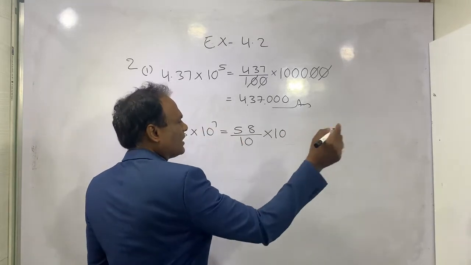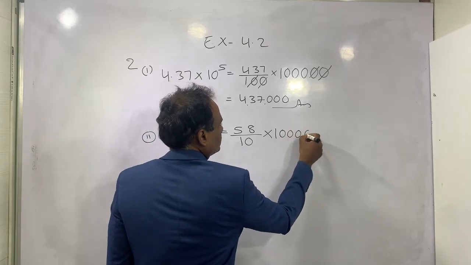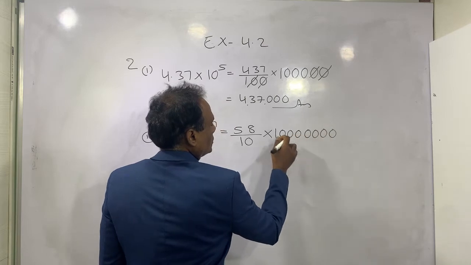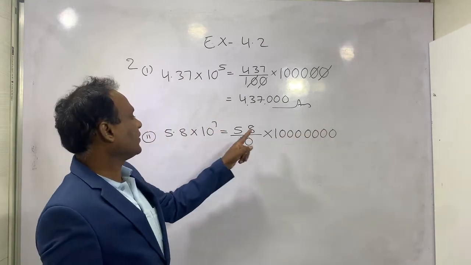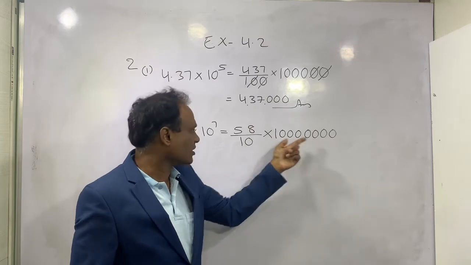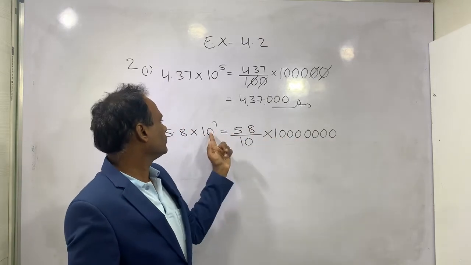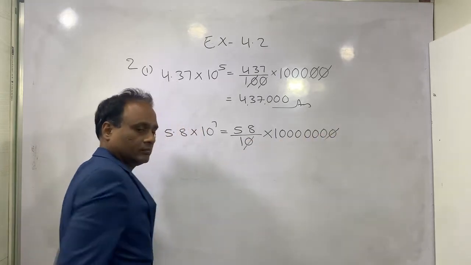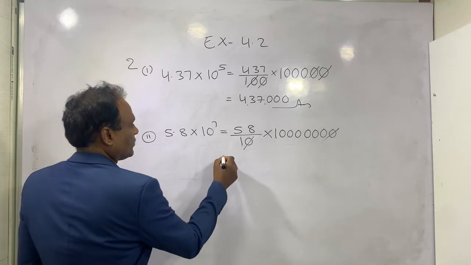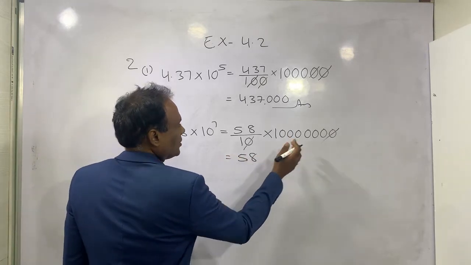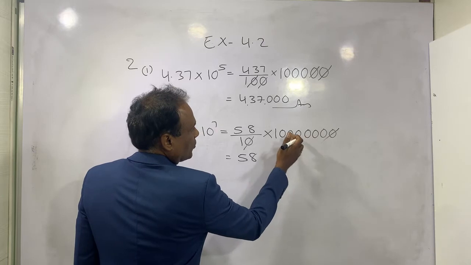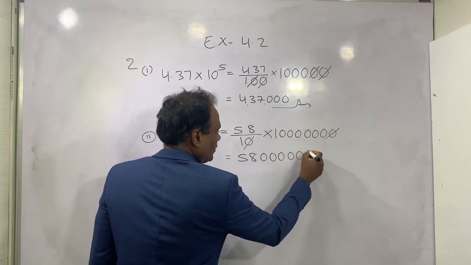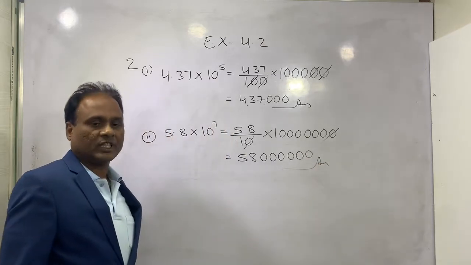So instead of writing all that, I will put 7 zeros, both are the same. Ten to the power of 7 is nothing but after 1, 7 zeros. One zero cancels. What is the answer? 58 followed by 6 zeros. Right.